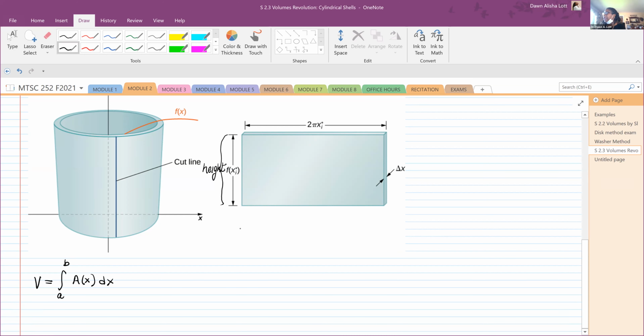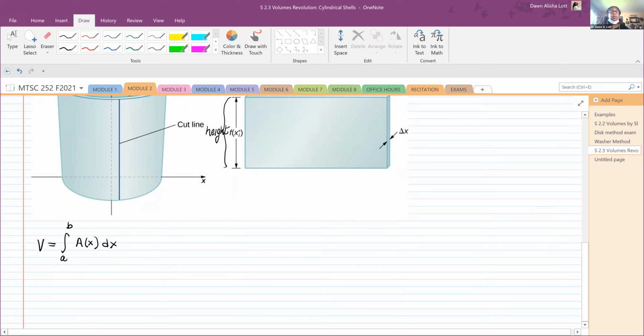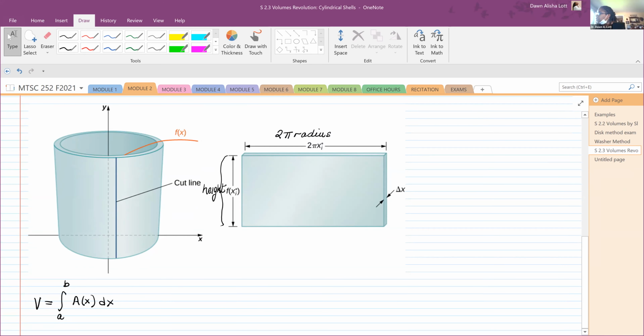And then for this particular problem I have to figure out what the actual radius is, because once I know the radius, then this length is 2 pi times the radius of whatever the circle is. So my volume is to take whatever this area is. Well, this area is 2 pi times whatever radius we get times the height.